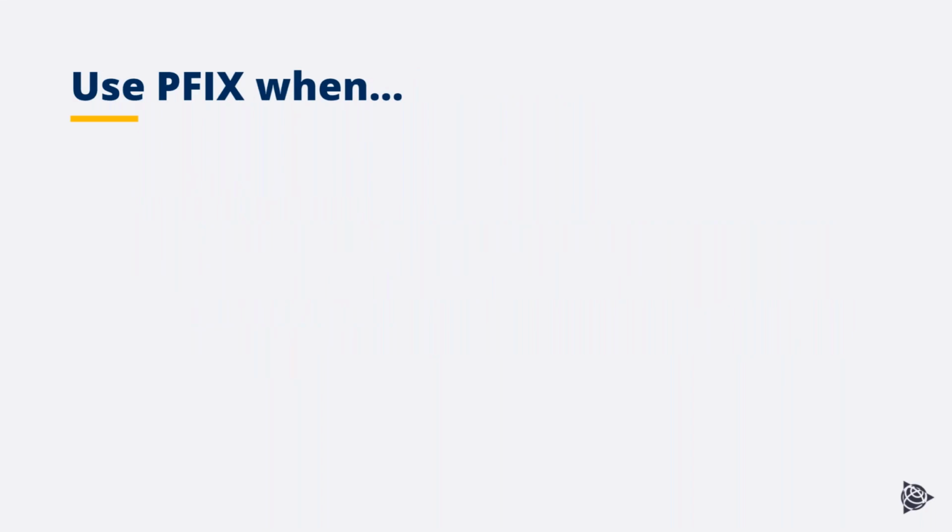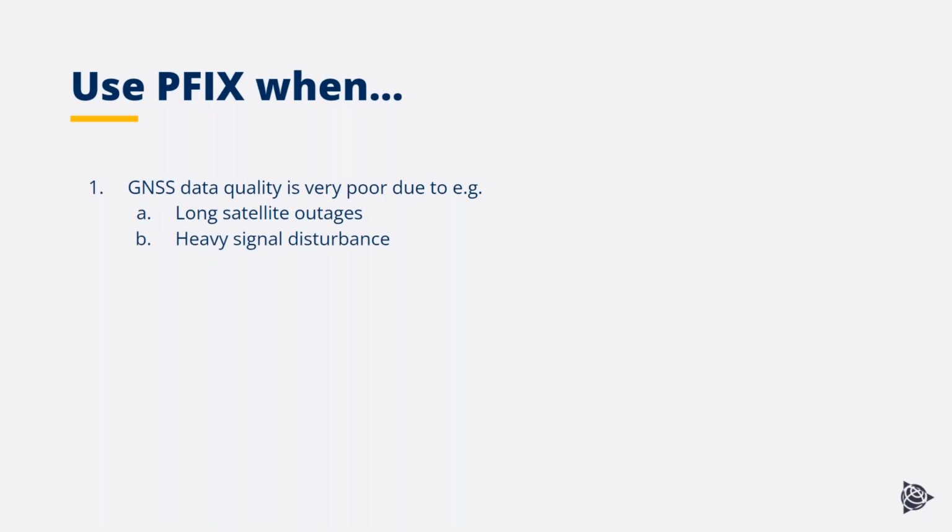So maybe the most interesting thing here is when you would consider using the Pfix workflow. We have listed some factors here. Usually your case would be a combination of these. First of all, if your GNSS data quality is very poor due to, for example, long satellite outages, like a tunnel or an urban area, and you have very heavy signal disturbance, so multipath from buildings or trees for a long time.